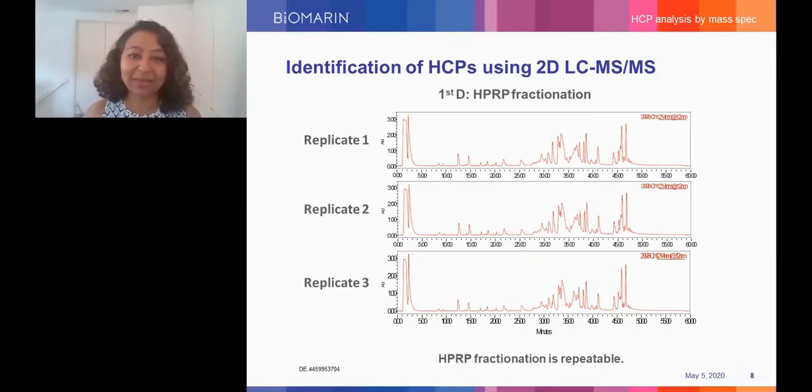Then the way the mass spec records the signal and the intensity of that signal is affected by coeluents. So it is really important to get reproducibility and prove to yourself as a scientist that the setup you're using is well under control. This is just an example of 3 replicates, and it's a UV profile because it's just the first step of a 2D method.